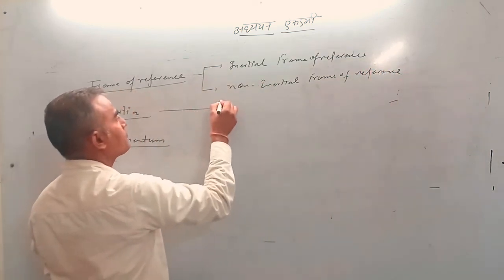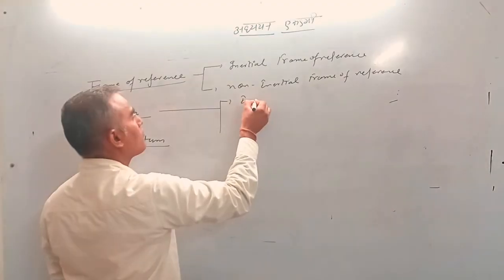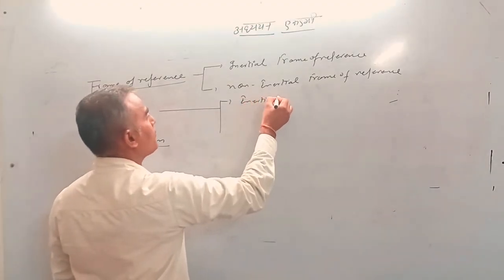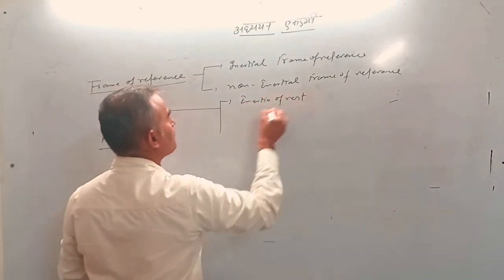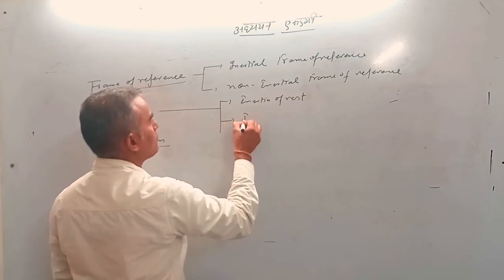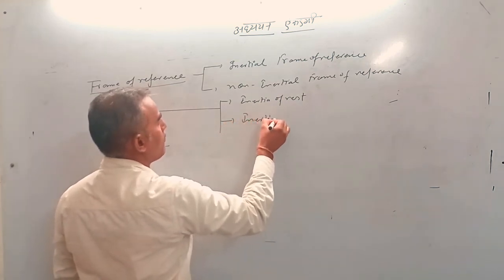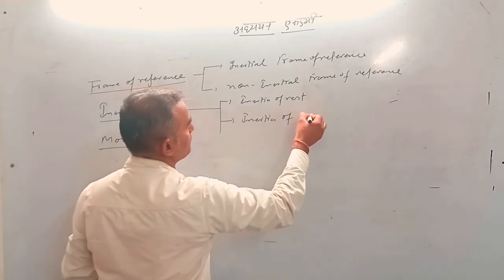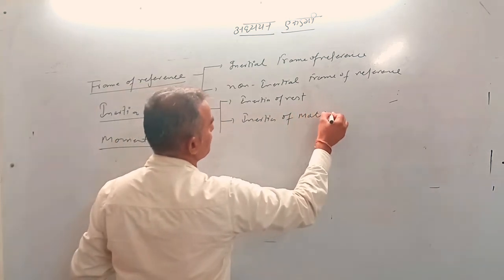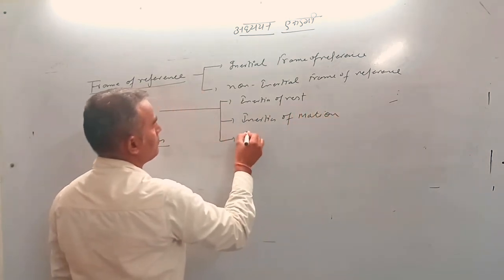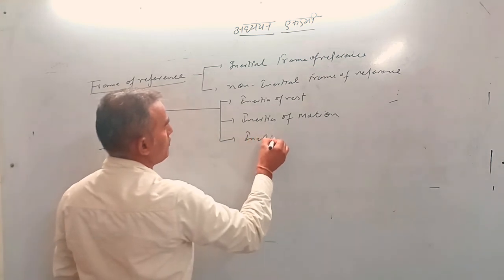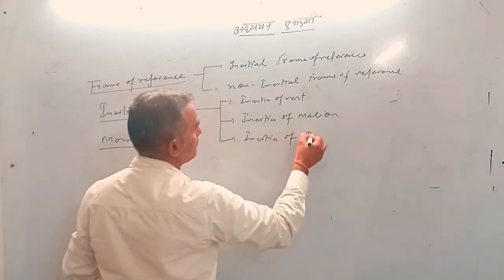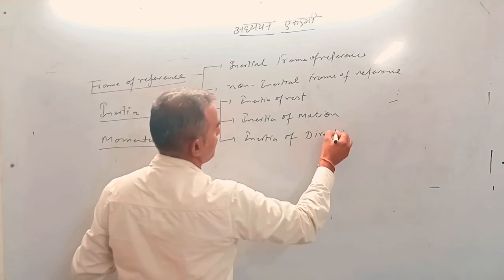Inertia is of three types: inertia of rest, inertia of motion, inertia of direction.